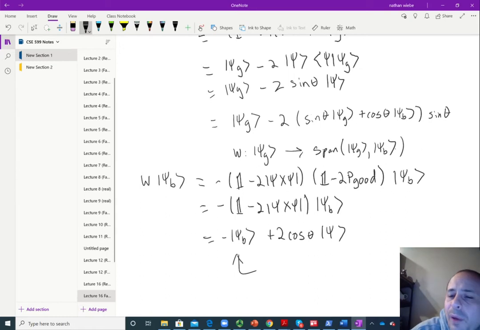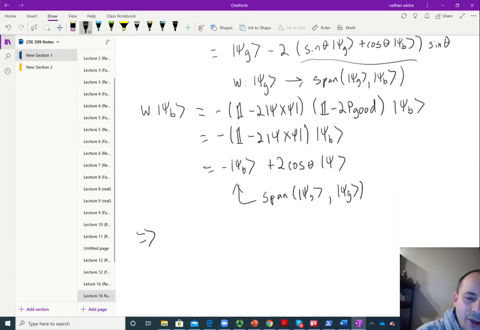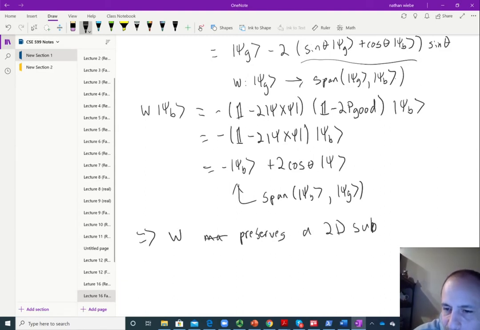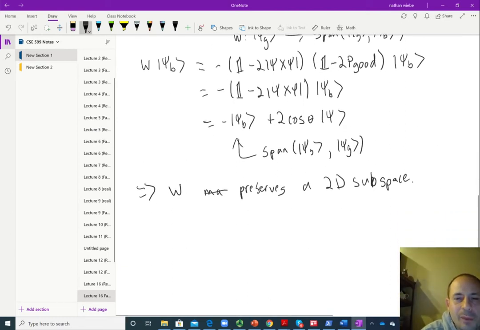By going through the exact same expansion argument we did above, this ends up being in the span of psi b and psi g. Ergo, the walk operator preserves a 2D subspace spanned by these two vectors. Wonderful. So we know the walk operator ends up preserving that space.